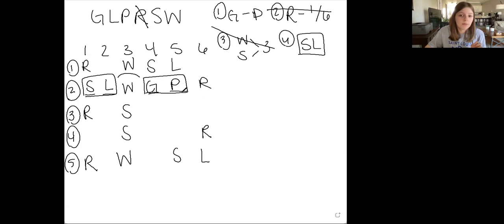We still have to remember that we could look at this world because G and P can flip with S and L. So that's where you're going to have to do a little bit of mental gymnastics. Sometimes when I would do the actual test, I would lightly draw over P and G in 1 and go, okay, well, S and L are going to be in 4 and 5. So when you go through the answer choices, if an answer said S is in 4, that could be a correct answer choice.